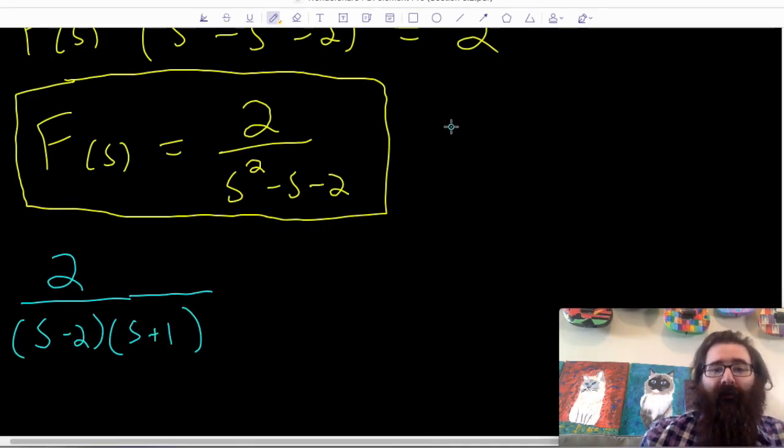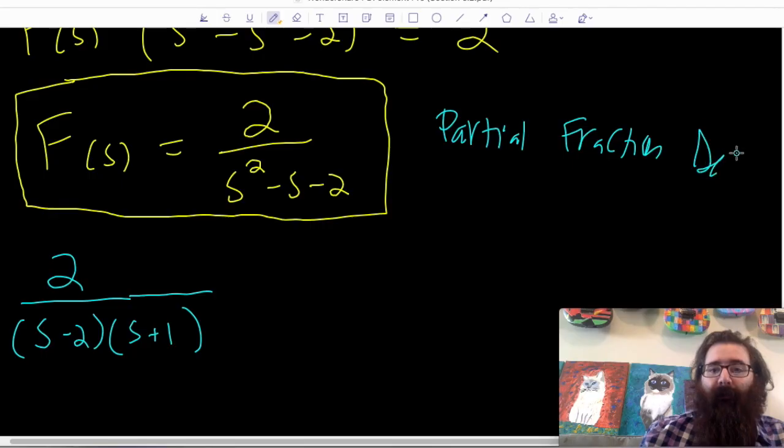I'm going to need to use partial fraction decomposition. So, oh yeah, do the little partial fraction decomposition dance. Because it's always an exciting time when we get to use partial fraction decomposition. And what can I say? Probably get used to it, because we're going to have to use partial fraction decomposition quite a bit with this material that we're looking at right now.